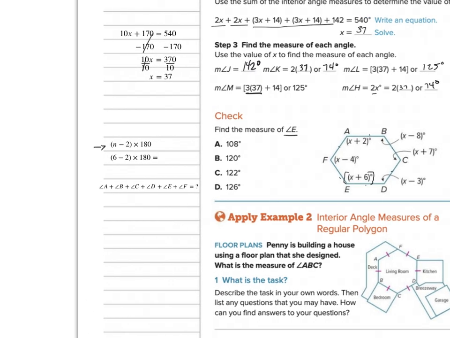So n is 6. 6 minus 2 times 180 is going to be 4 times 180, which is going to be equal to 720 degrees. So we know that angle A, B, C, D, E, F should be equal to 720 degrees.